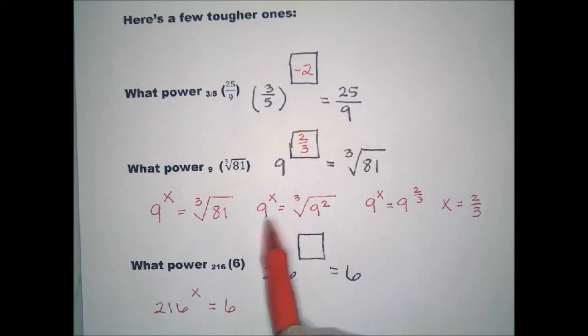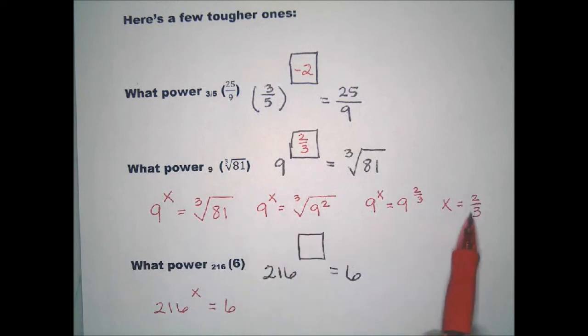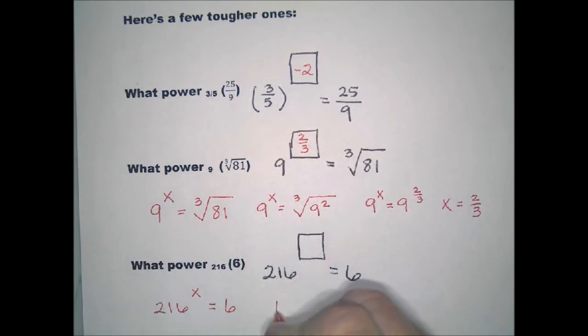And that's what got us the rest of the way on the problem. Well, 216 can be changed to 6 cubed. So my next step is going to be change 216 to 6 cubed. So 6 cubed raised to the x, and I would multiply the two together. See that 6 cubed, that 216 is hiding right there as 6 cubed.